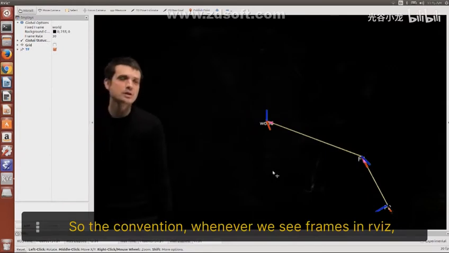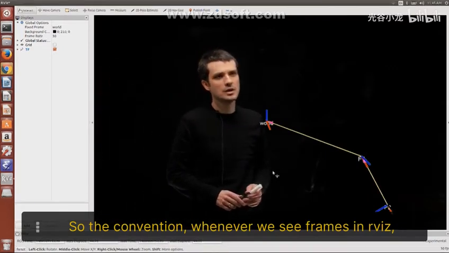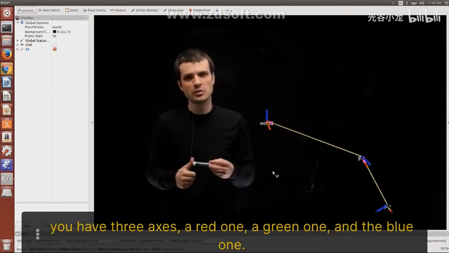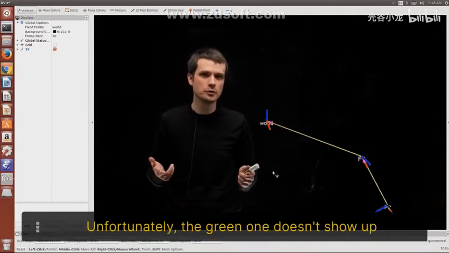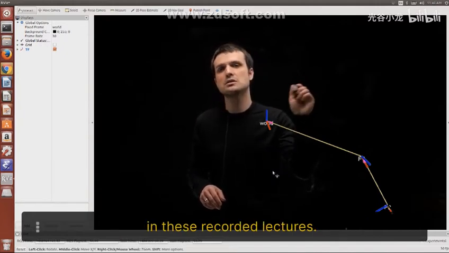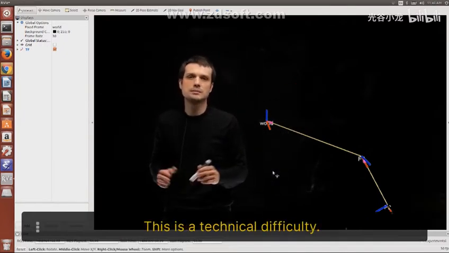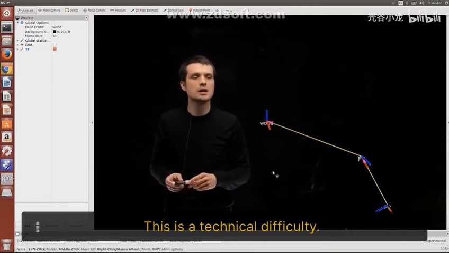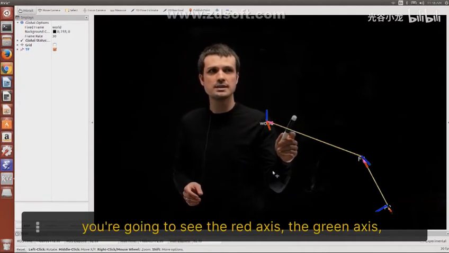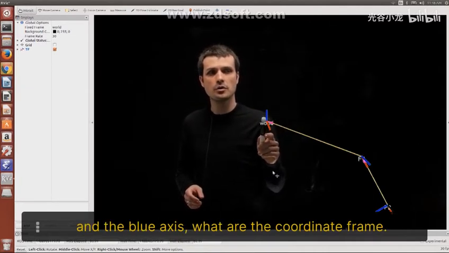So the convention, whenever we see frames in RViz, you have 3 axes, a red one, a green one, and the blue one. Unfortunately, the green one doesn't show up in these recorded lectures. This is a technical difficulty. But when you run RViz on your computers, you're going to see the red axis, the green axis, and the blue axis for every coordinate frame.